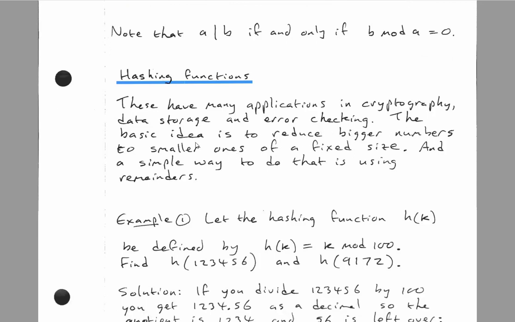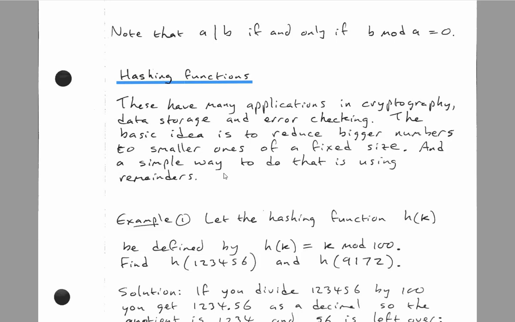But the basic idea is to reduce bigger numbers to smaller numbers of a fixed size. These are also called one-way functions. We're losing information, but this is a useful thing to do sometimes.